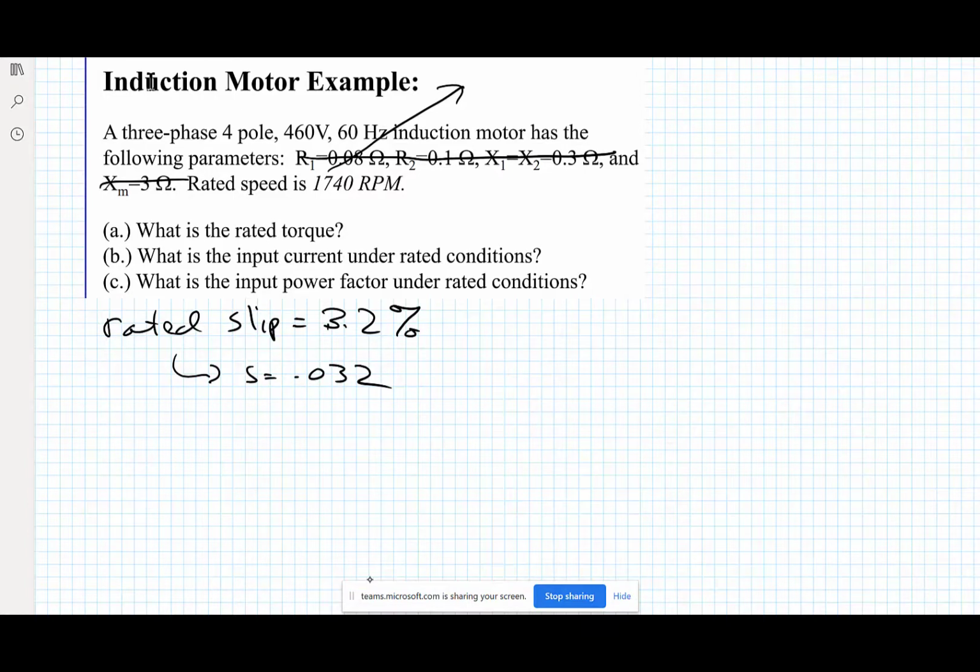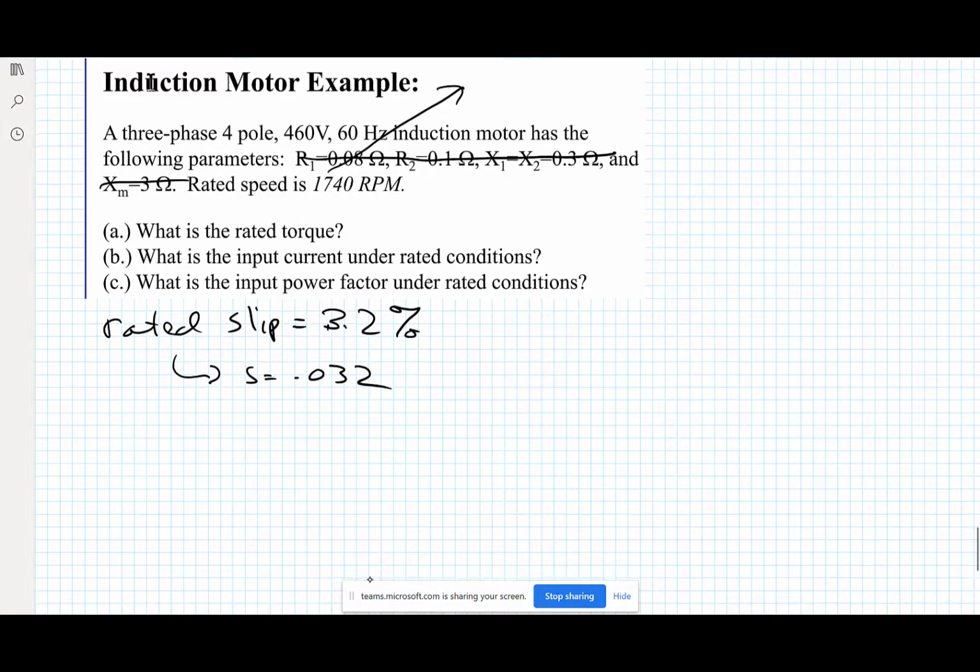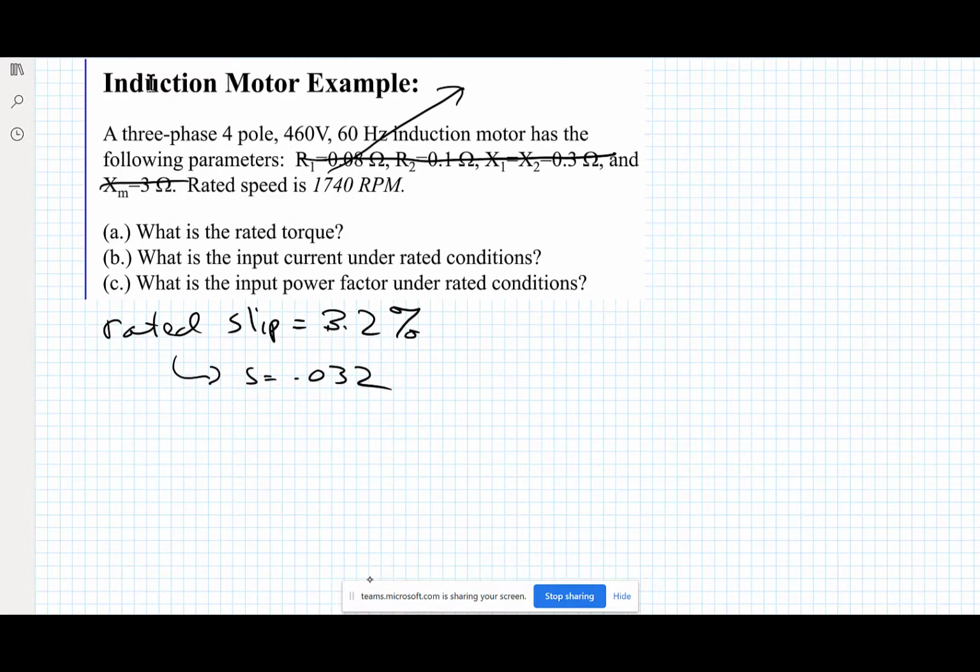And I'm going to give you the parameters R1, X1, X2, XM. We're going to say that RC is almost infinite, so we'll ignore that, and R2.